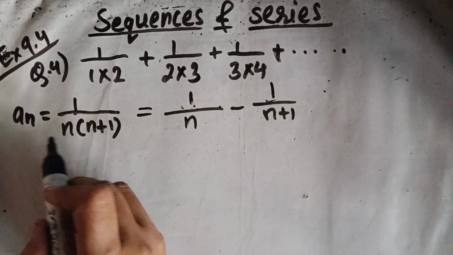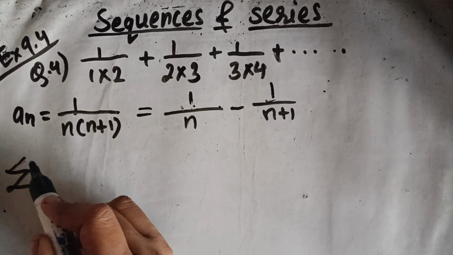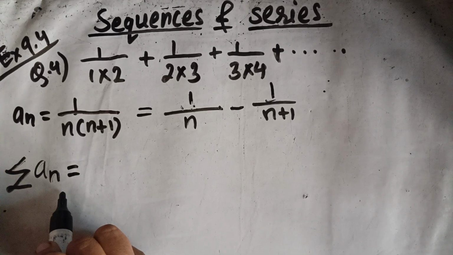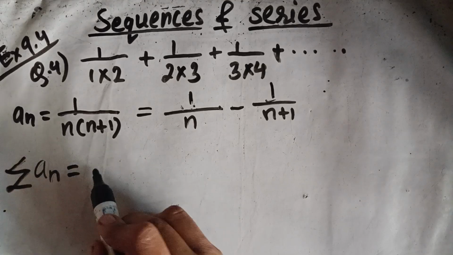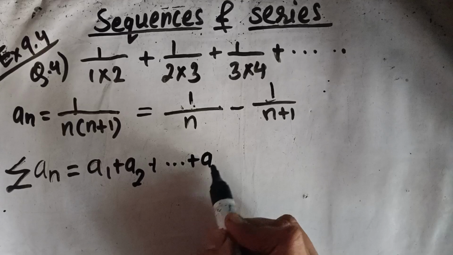Let's write the sum, that is summation an. So this is a1 plus a2 plus till an, right?